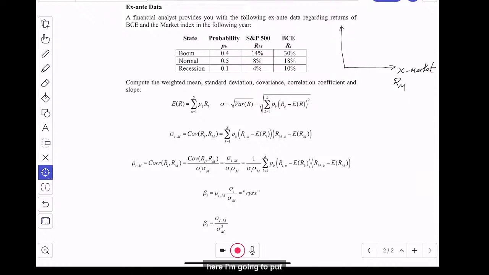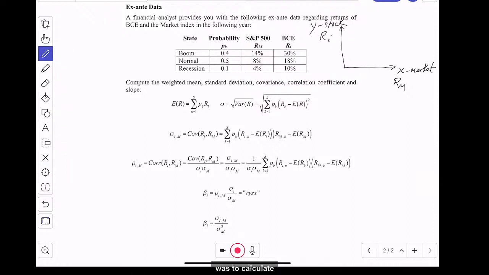And then here Y will be the variable for the stock return or the company, and we use the notation I for that. So I for the stock is on Y, and M for the market is always on X. That's important for the notation, to feel comfortable with the notation.